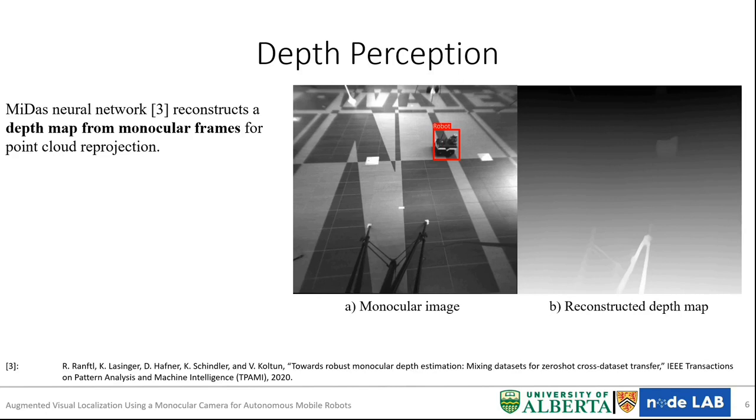This is only one example of one of our undistorted frames and the corresponding depth map. The advantage of using this method over stereo vision or using depth sensors is the cost of operation. So we only have one low-cost camera and no other auxiliary sensor to deal with.